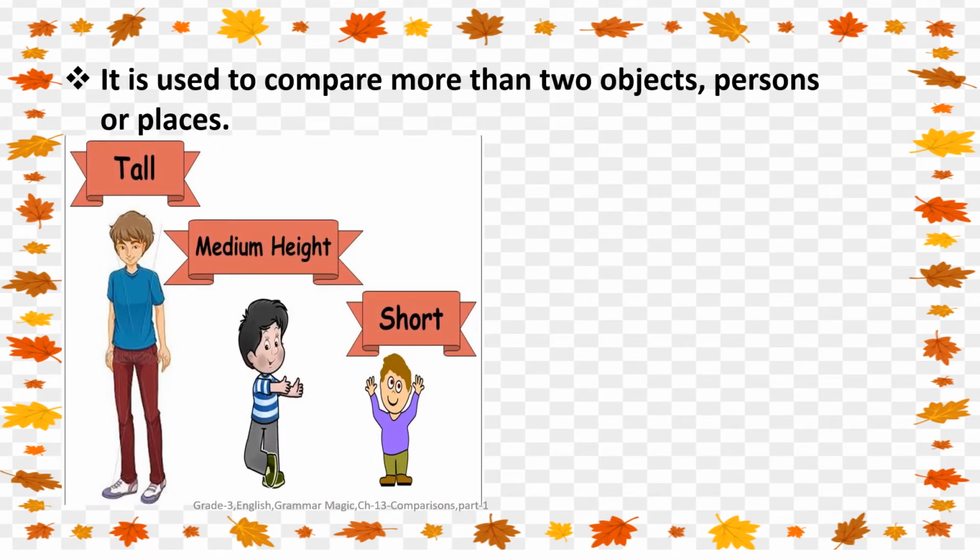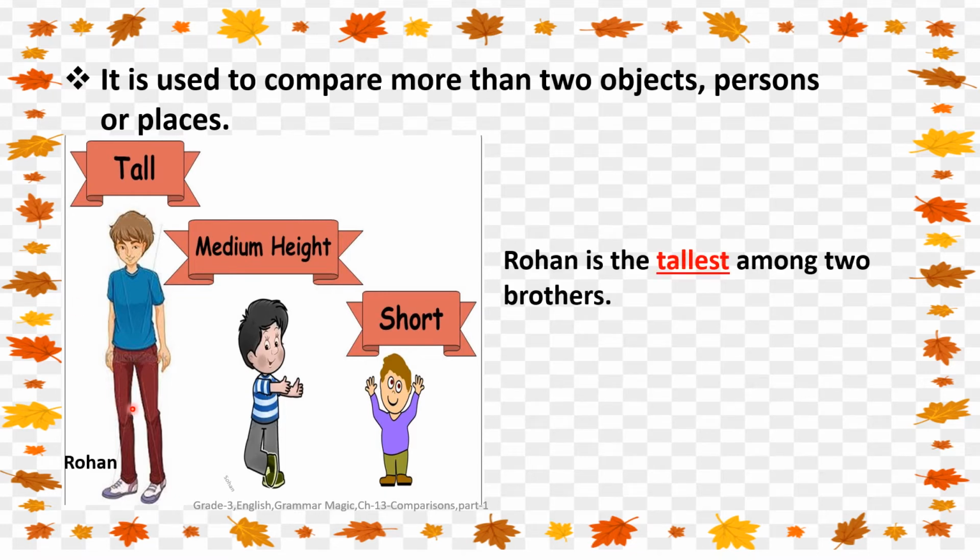So children, here there are three brothers, Rohan, Sohan and Raju. Rohan is the tallest among the brothers. Rohan's height is the tallest, Sohan's height is medium, and Raju's height is short. So what have we done here? We have compared the height.